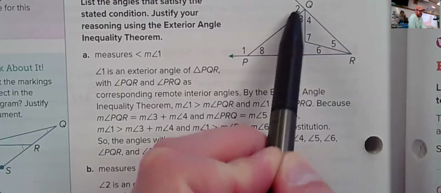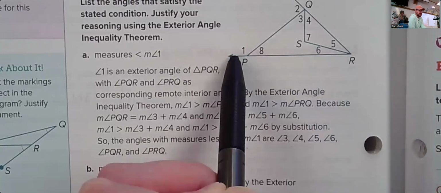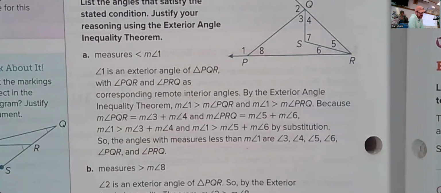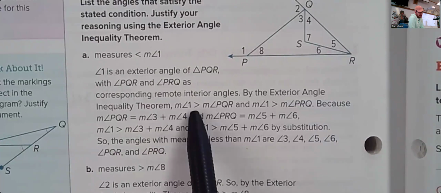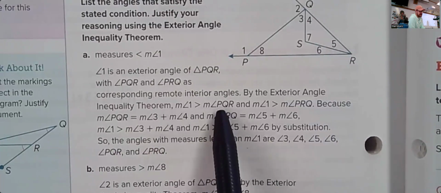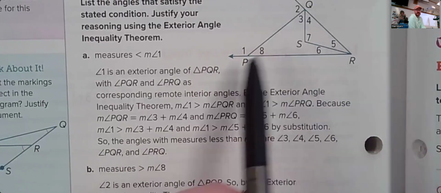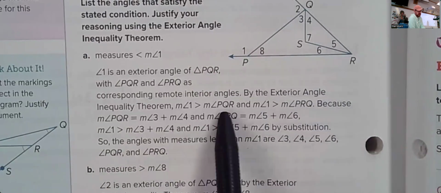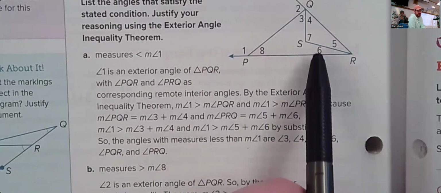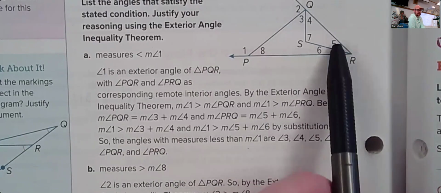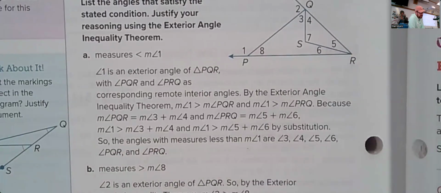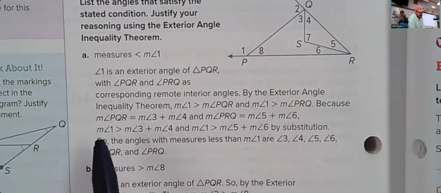Those are the two remote interior angles that add up to equal angle 1, which means that the measure of angle 1 has to be greater than the measure of angle PQR, because that is one of the two angles that adds up to equal that one. So it's greater than angle PQR. It's also greater than angle PRQ, which was the combination of 5 and 6, for the same reason.